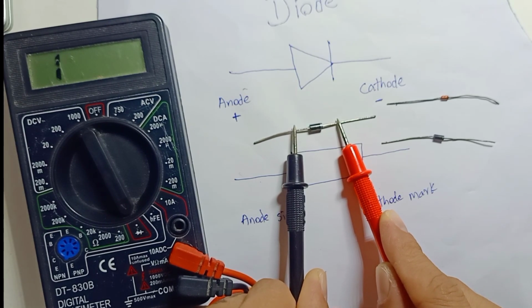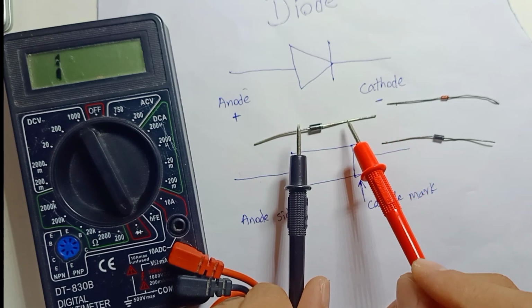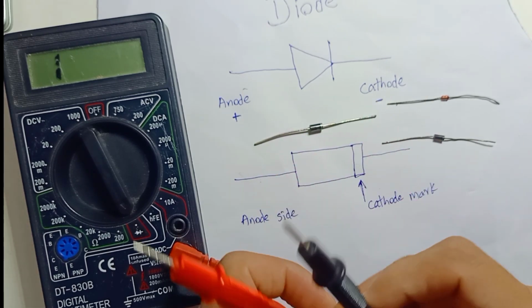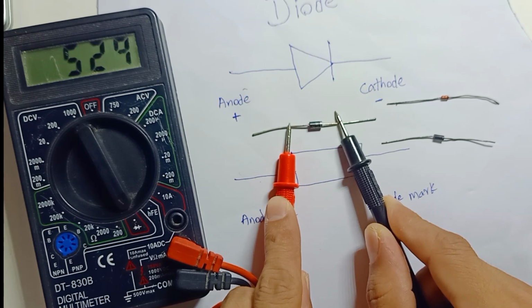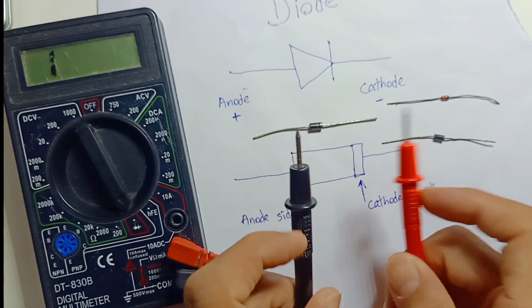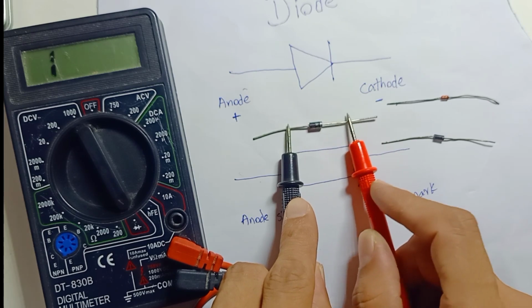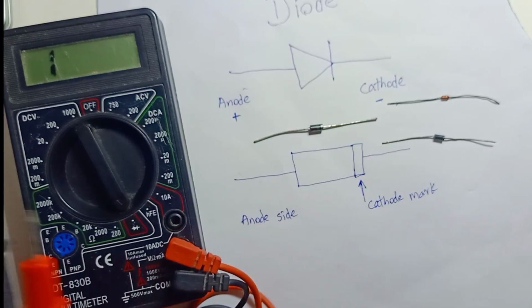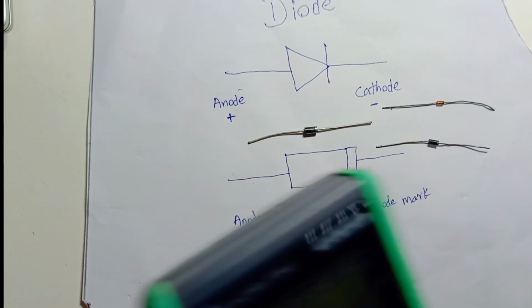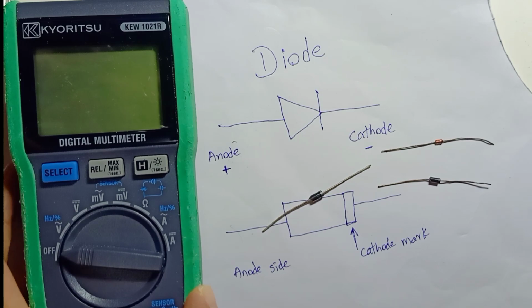This side is blocked because this is positive. Positive should be the anode side. Positive to negative, and if I reverse, the diode voltage is blocked, so this diode is good. For another type, I'm going to use one more multimeter.